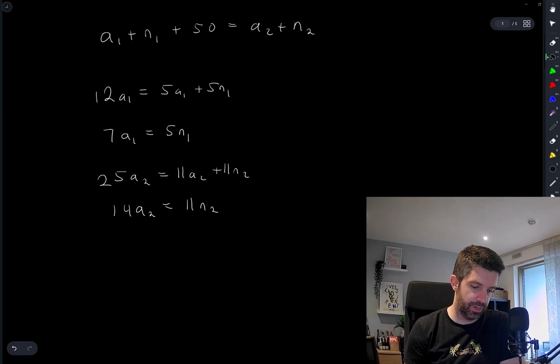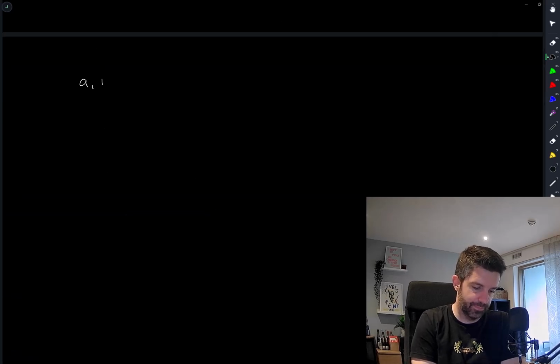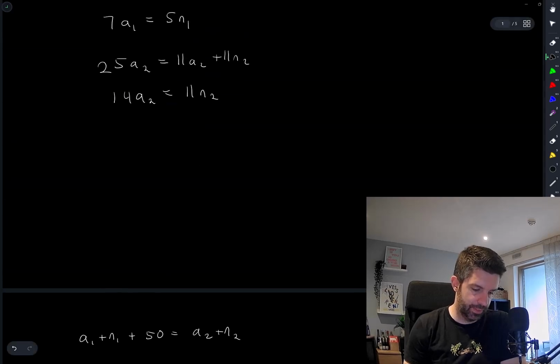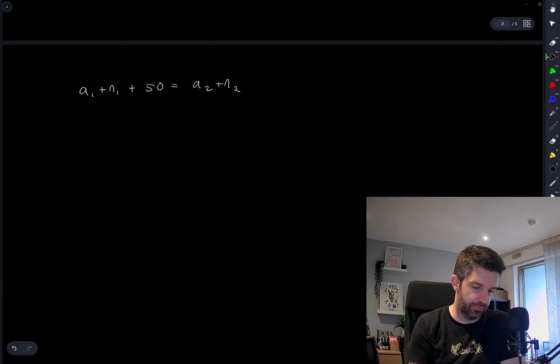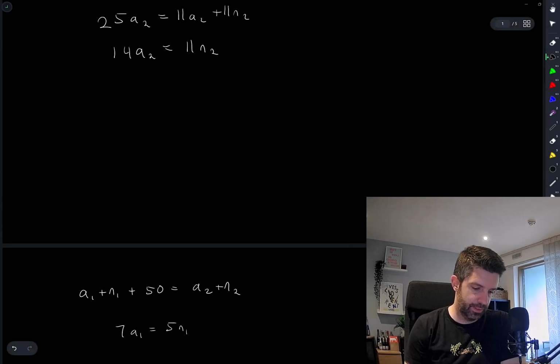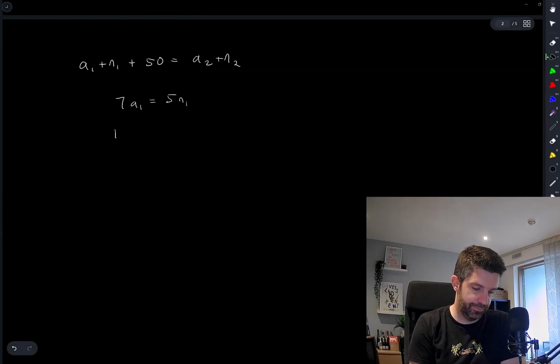Okay, so my three equations then are that one, and I've got 7A1 is 5N1, and 14A2 is 11N2.